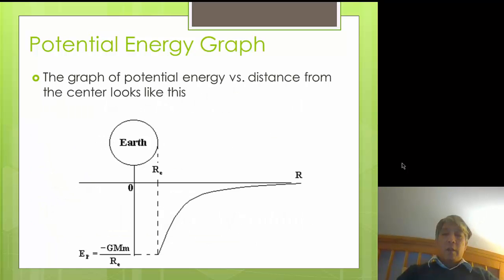Okay, because when I look at the graph of potential energy, it looks like this. It doesn't matter as long as you realize that potential energy is always increasing as I go farther away. So the potential energy at this point here, let's call it -2, is going to be greater than the potential energy at this point, which is at a different distance from the center.